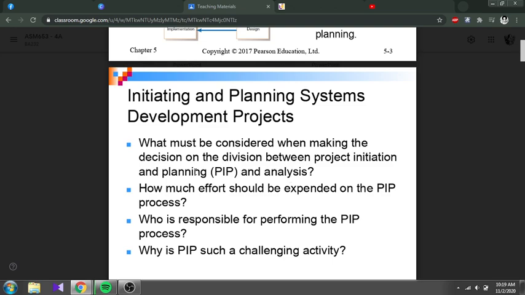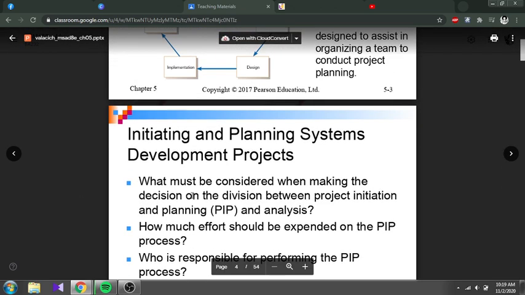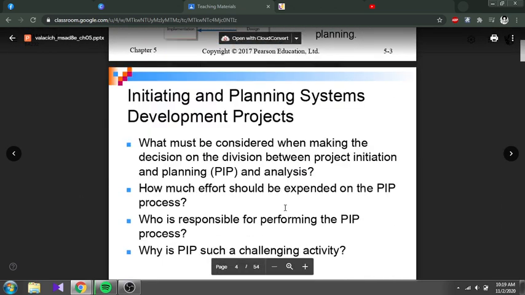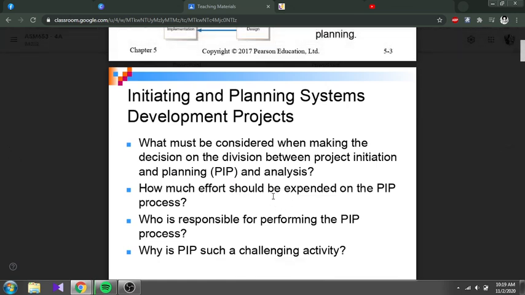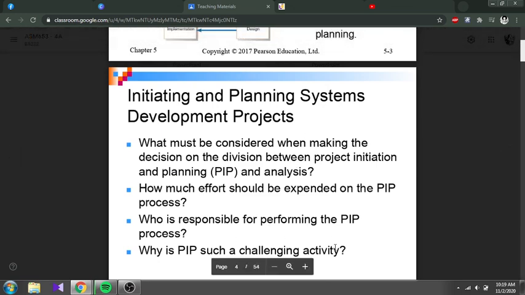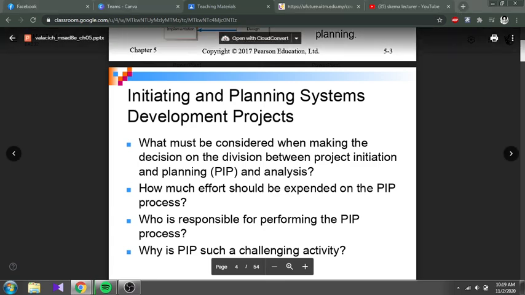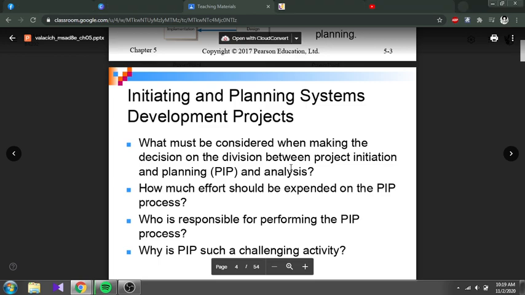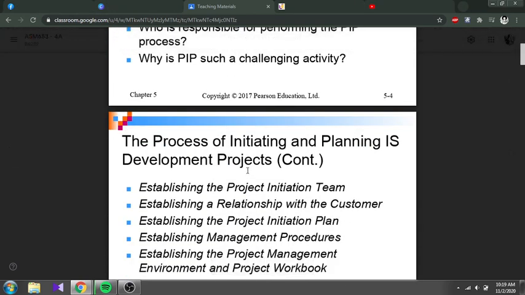How much effort should be expended on project initiation and planning? Who is responsible for performing this activity? And why is project initiation and planning such a challenging activity? So we need to find the answers, which will be covered on the next slide.